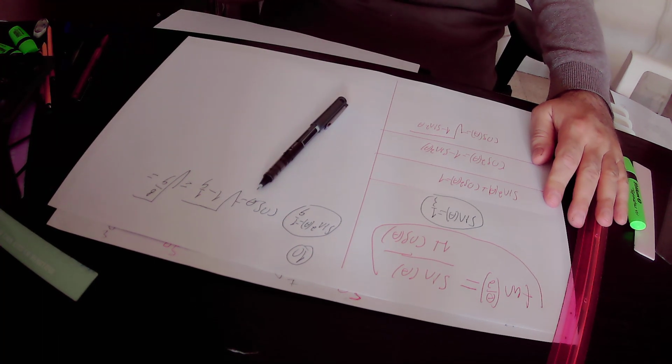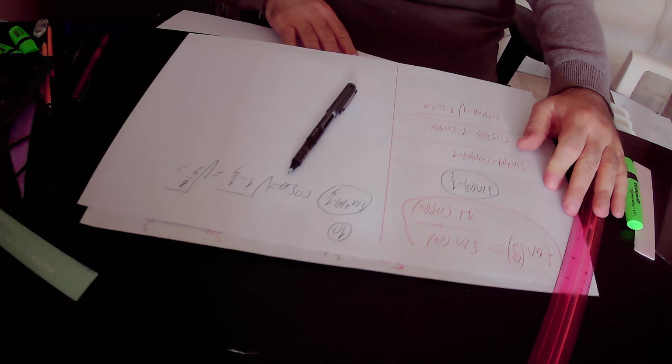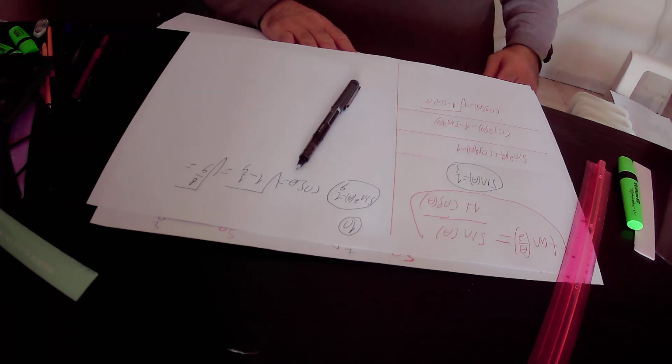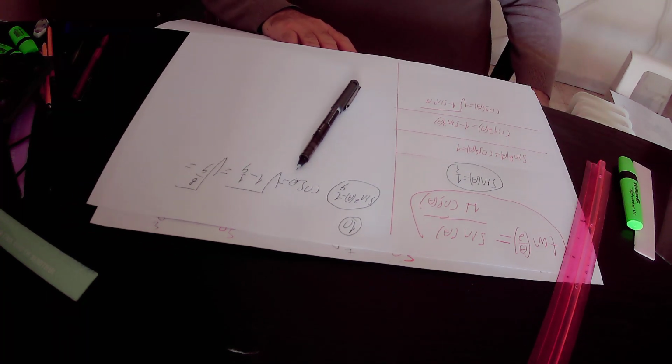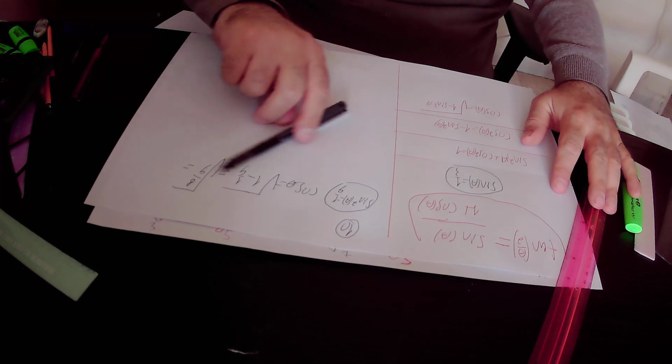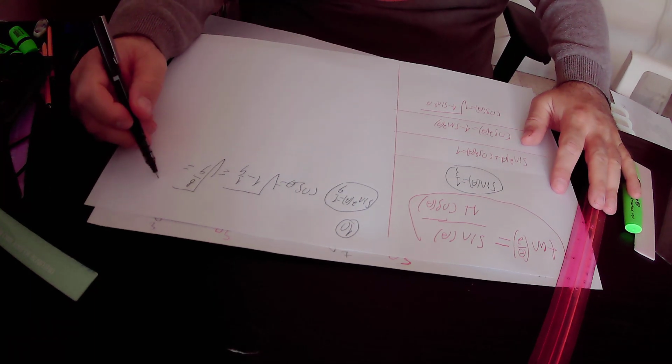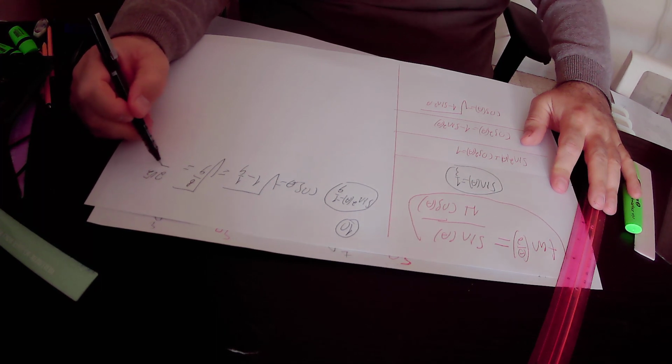And 8 is 4 times 2, and the square root of 4 times 2, the square root of 4 is 2, so it is 2 times square root of 2. The square root of 8 is 2 times square root of 2, and the square root of 9 is 3.